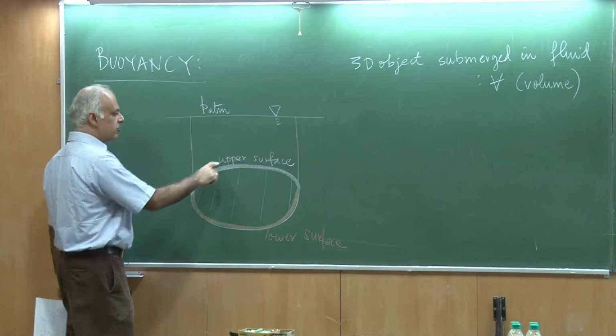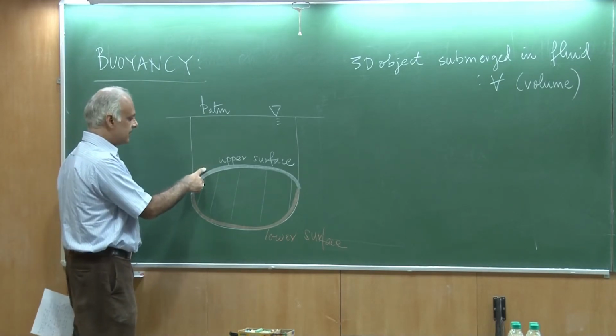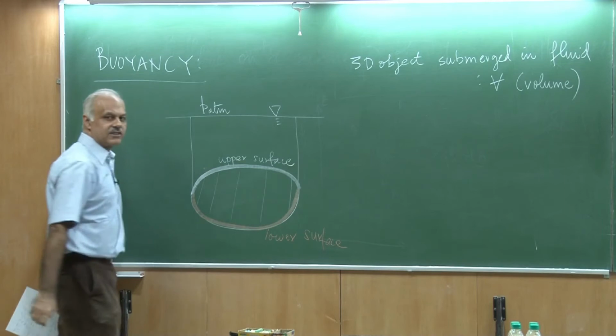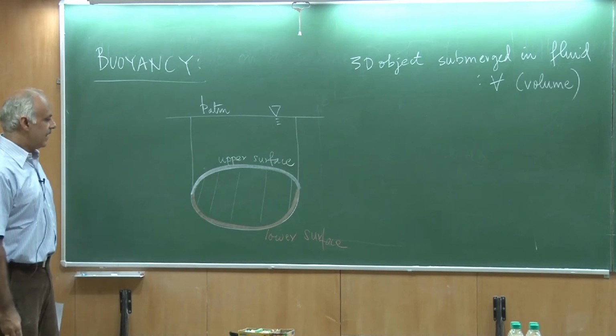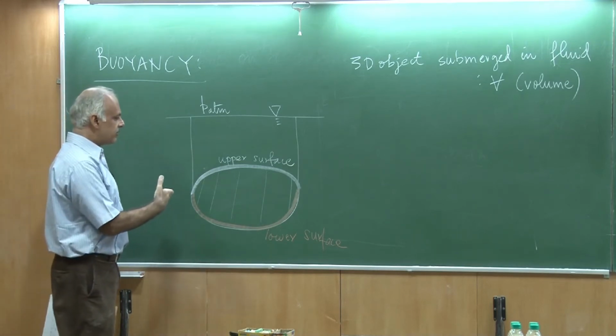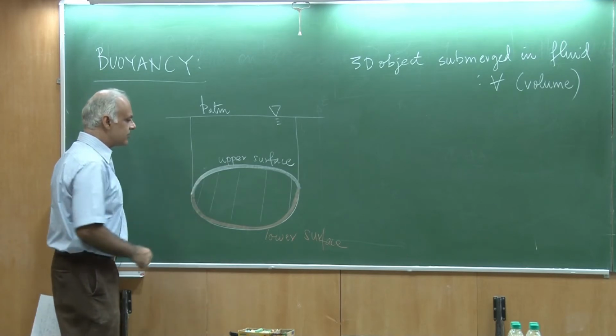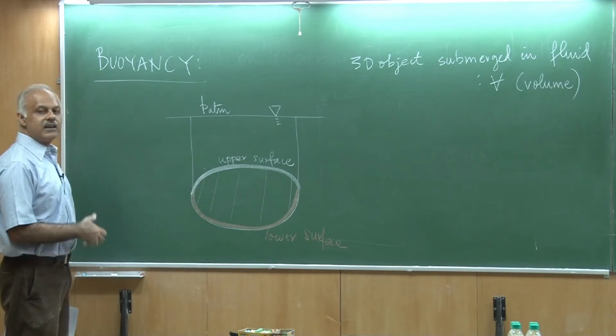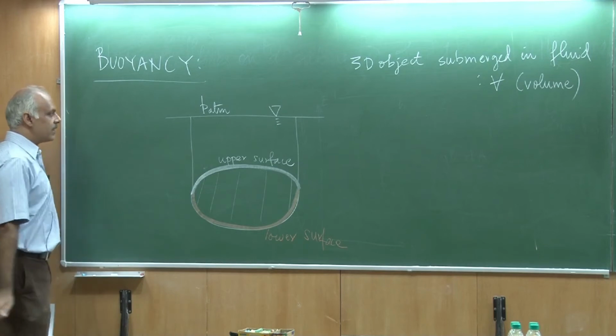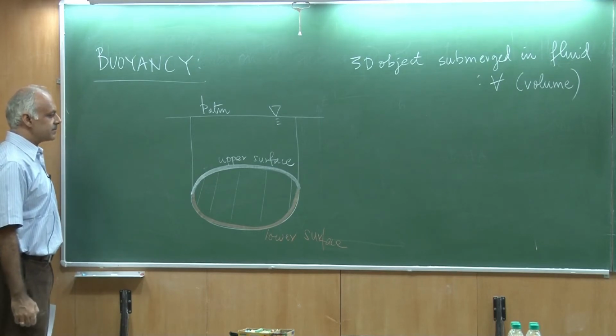There is a pressure force that acts on the upper surface, and there is a pressure force that acts on the lower surface. And if I can find the resultant of the force because of these two, then that would be the net force acting on this body, and I would call that the buoyancy force.